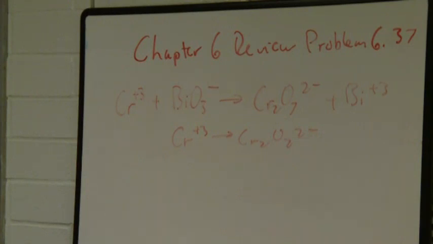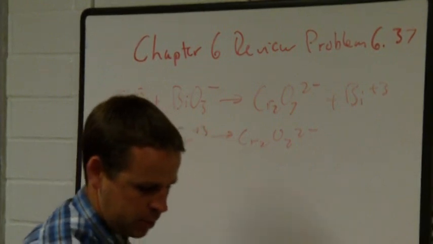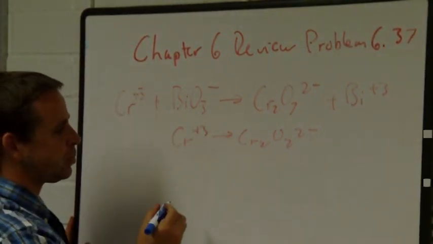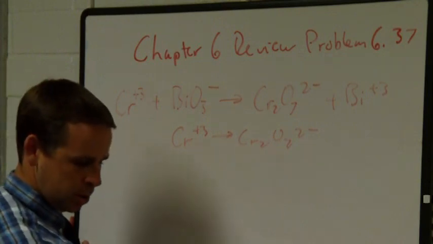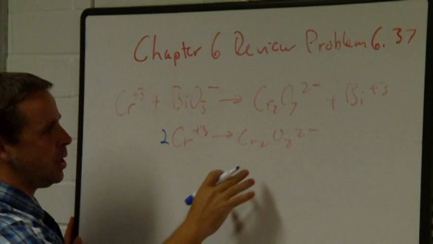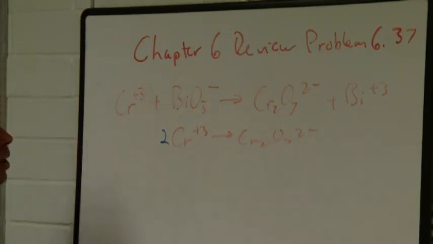Before we balance our oxygens and our hydrogens, we need to balance our electrons. So I was looking for a better pen. There we go. Let's see if this one can work for a while. Okay. So to do that, we need to have 2 chromiums here, right? 2 chromiums. That's done.